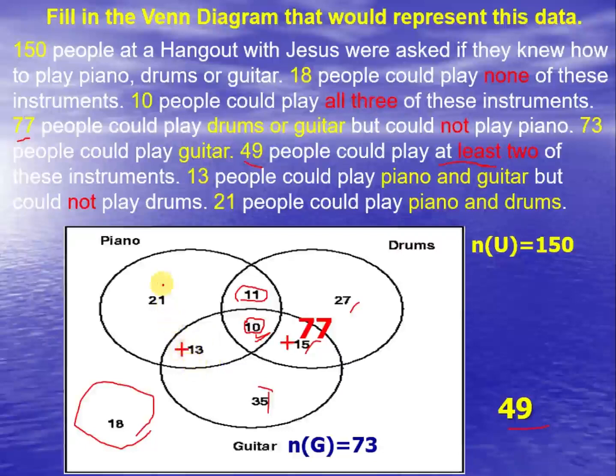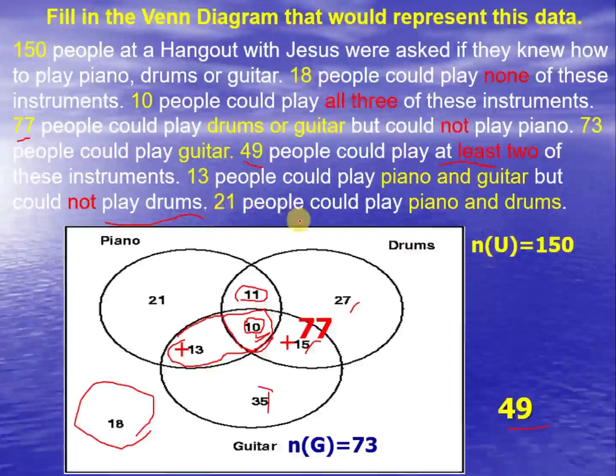The intersection of piano and guitar could have been the whole of this place. But they are saying that they can't play drums. So this region is out. It means it's only this place, which is piano and then guitar. That is the 13.